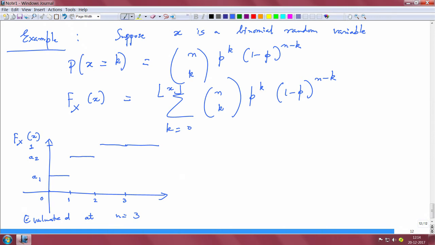right. So, if you were to evaluate the probability that 1.5 is less than X less than or equal to 3, this is the distribution at 3.